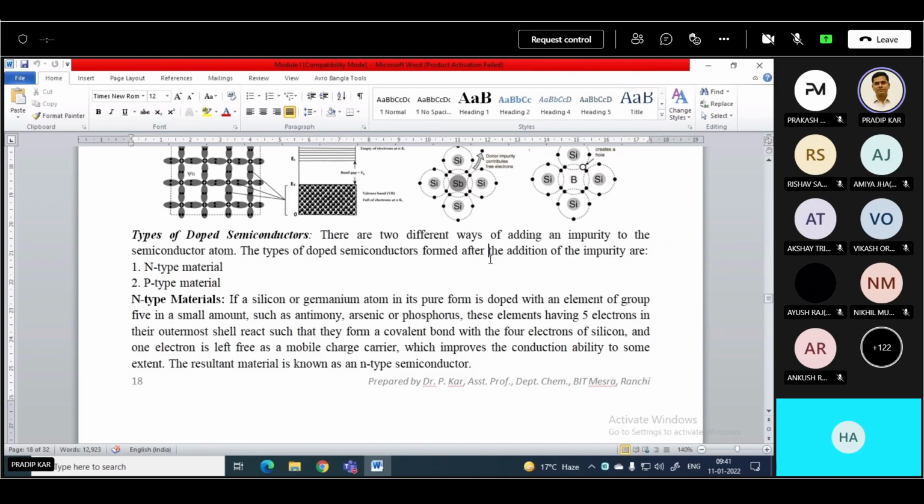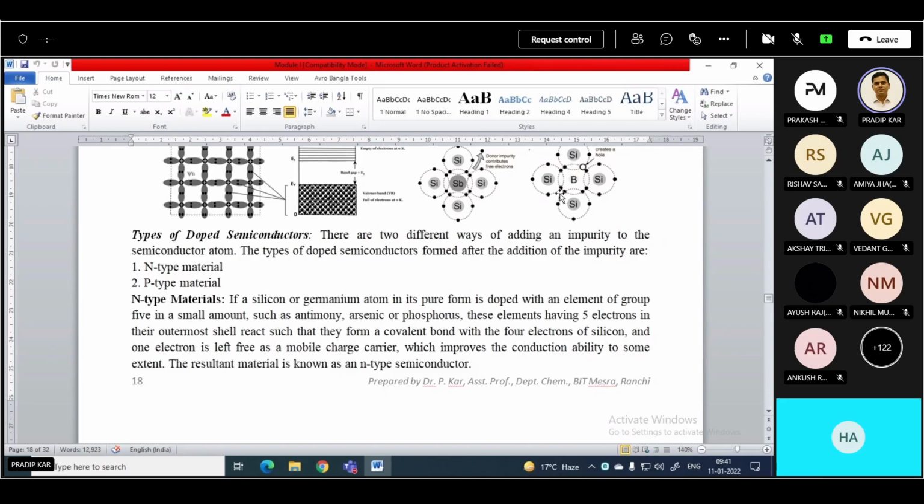N means negative, meaning an extra electron is present as a defect. But as a hole is present on Sb, electrical neutrality is maintained with the extra electron. This is known as N-type material.